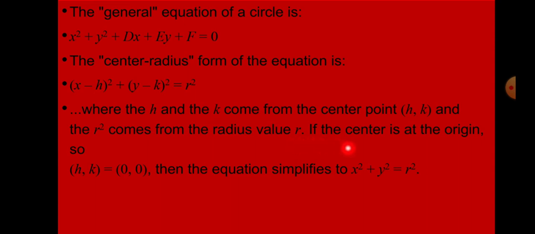If the center is the origin, so h, k equals 0, 0, the equation simplifies to x squared plus y squared equals r squared.